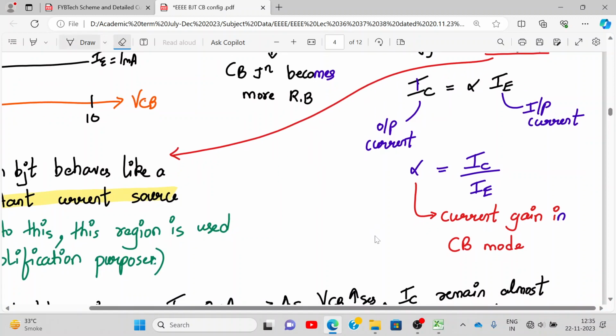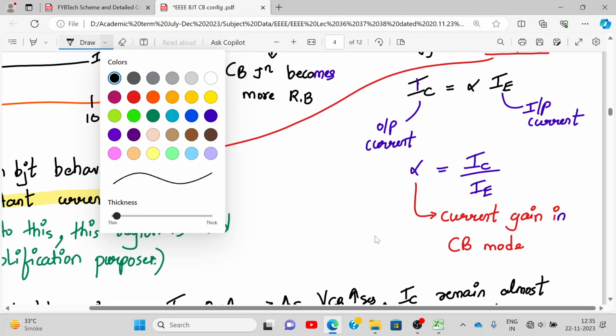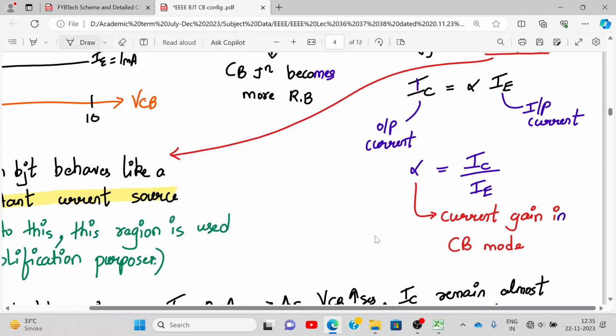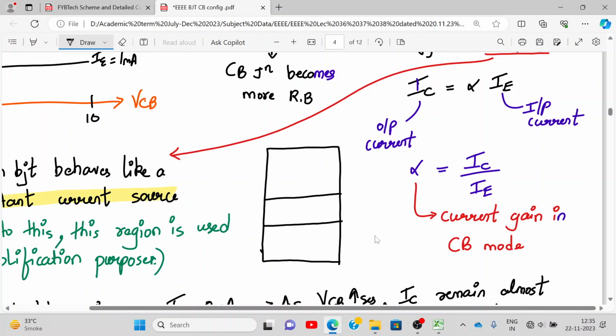See, I guess some still have not understood why the current remains constant. I'll explain that once. Now tell me, this is N, P, N. This is my collector, base, emitter.